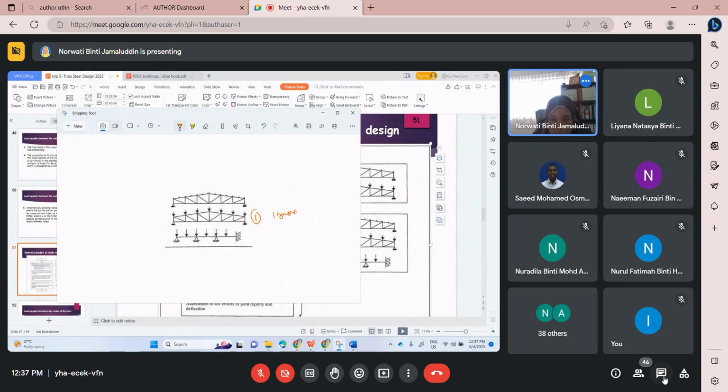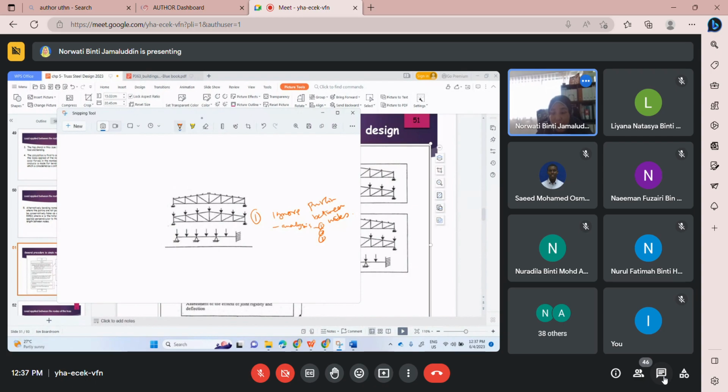Ignore purlin between knot. Okay, then you can have this situation. Then you can proceed with analysis of your choice. You have 1, 2, 3 options.